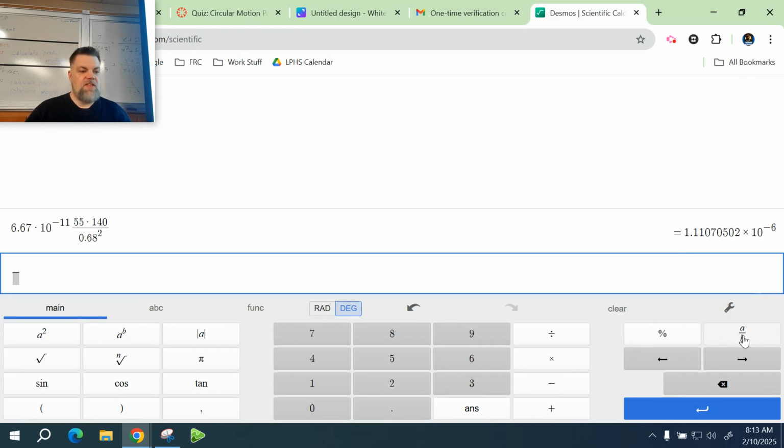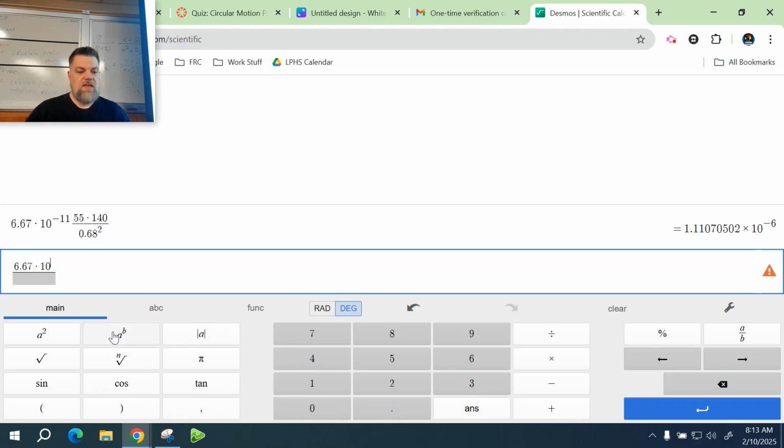So I'm going to, in the top part, put 6.67 times 10 to the negative 11. And then you got to leave the superscript, hit times 1.7 times 10 to the negative 27. Leave that, hit times, and then 9.1 times, yeah, it's weird.